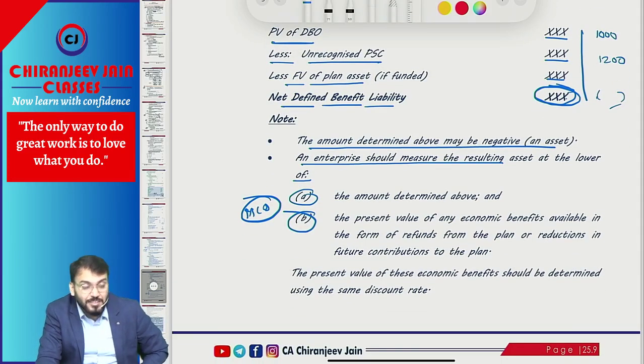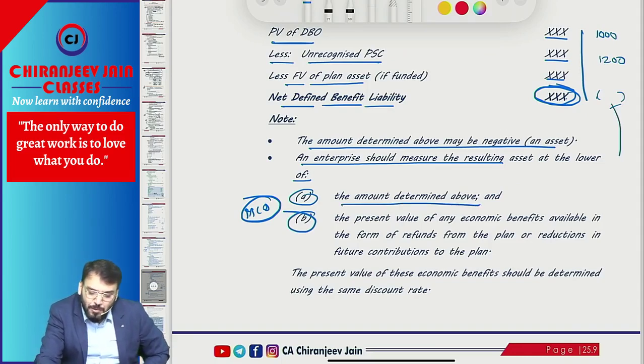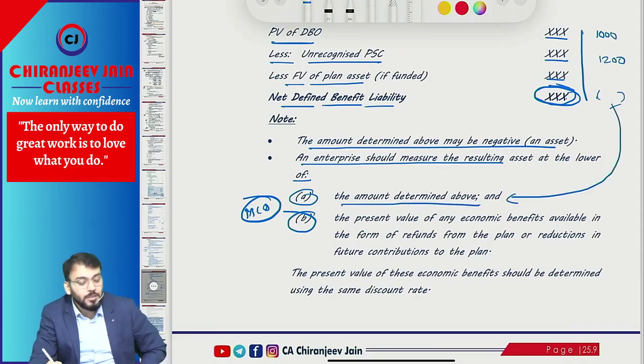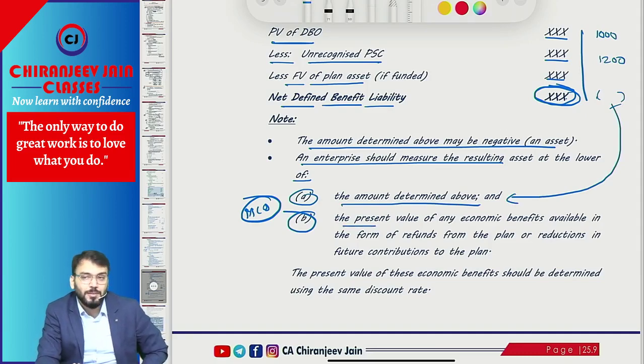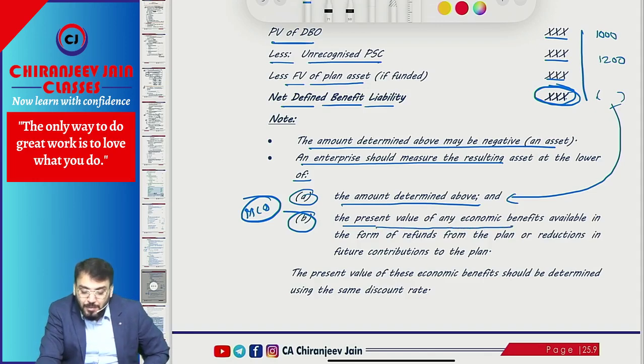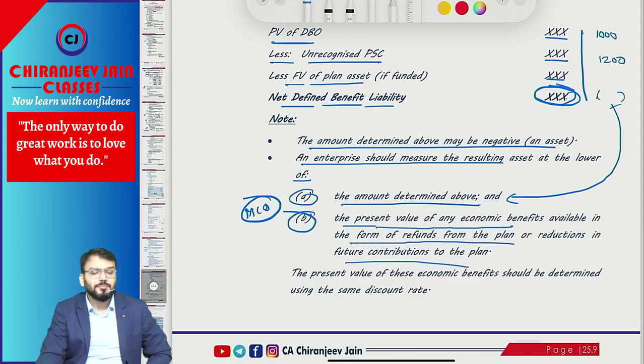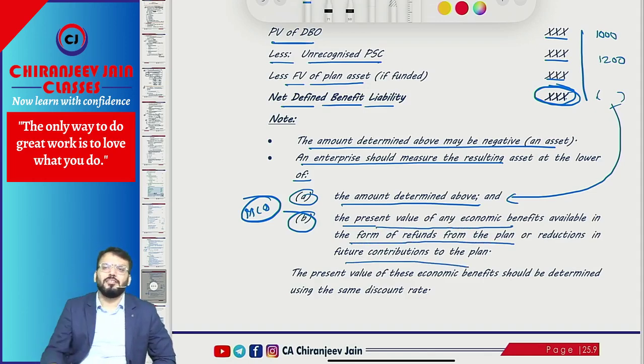The entity should measure the resulting asset at lower of A and B. The amount determined above, or the present value of any economic benefit available in the form of refund from plan or reduction in future contribution to the plan. Just try to understand. There will be no practical question on this. There will be theory question or MCQ only, but you can retain only what you have understood.